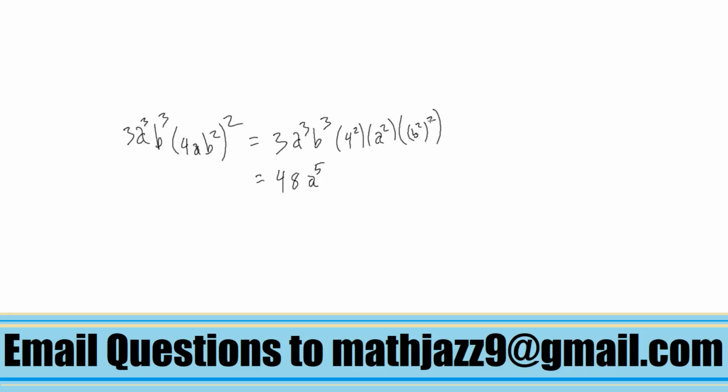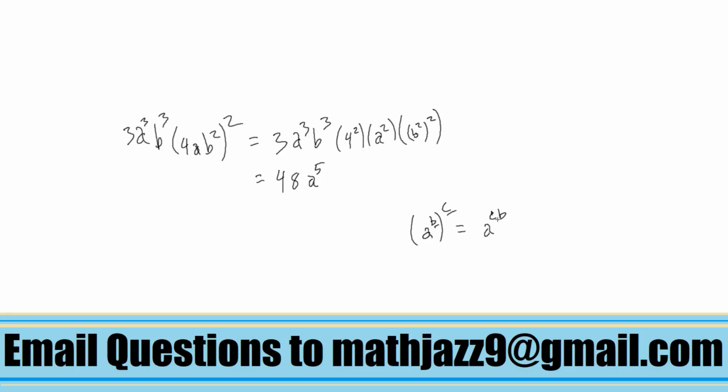Squared is going to be, when you have something raised to a power, all raised to another power, the rule is it's going to be your base raised to the product of the two exponents.